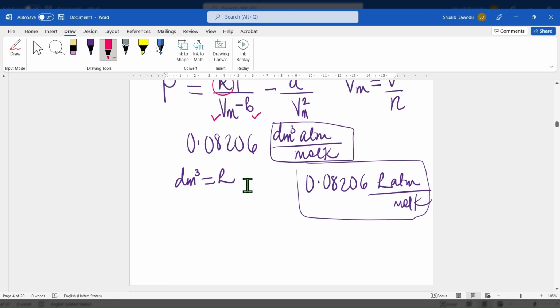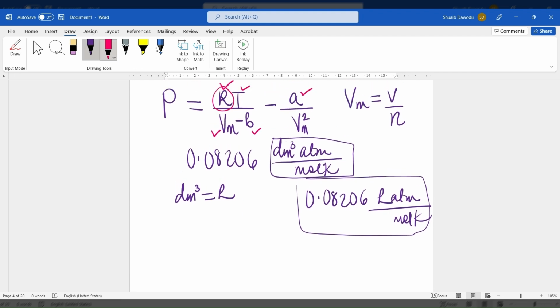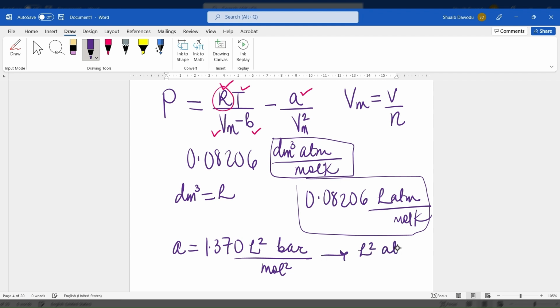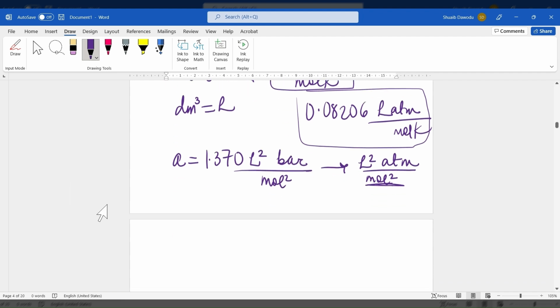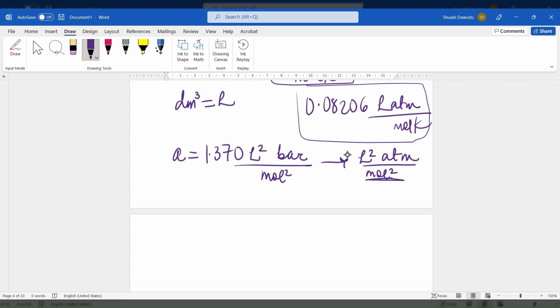So the parameter A is equal to 1.370 liters squared bar per mole squared. We're trying to go to liters squared atmosphere divided by mole squared. So this is what we want our final unit of A to be.